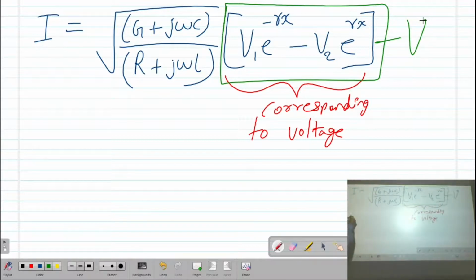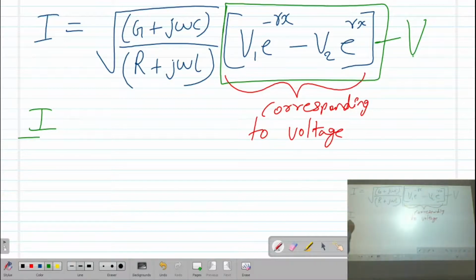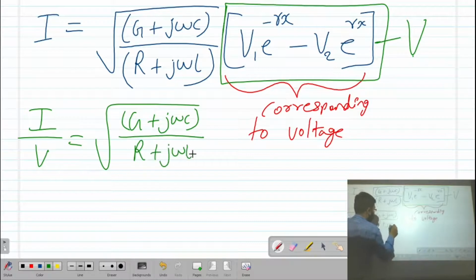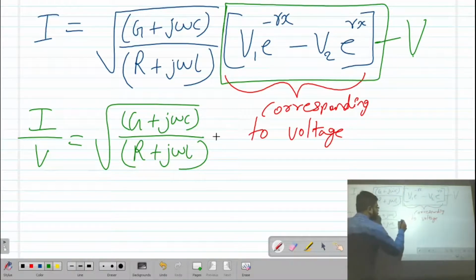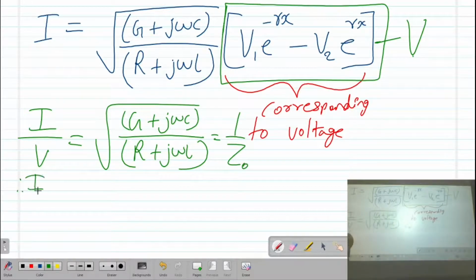Now we know that if I take this V on the other side, then I by V will be equals to this term, root of G plus j omega C divided by R plus j omega L. But as we know, I by V is nothing but 1 by Z0. Therefore, I by V is equals to 1 by Z0.